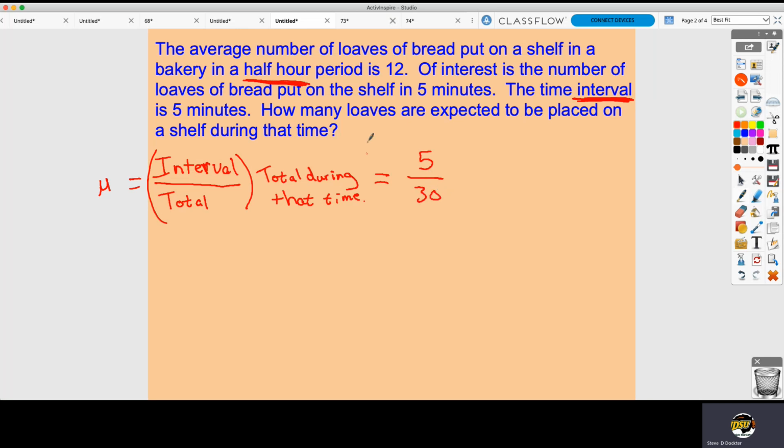So this would be 5 over 30. And then the total number of items during that time. So during that 30-minute period, how many were put on the shelf? 12. Okay, so then we just multiply this out. 5 times 12 is 60, divided by 30. That means during those 5 minutes, there are going to be 2 loaves placed on the shelf.